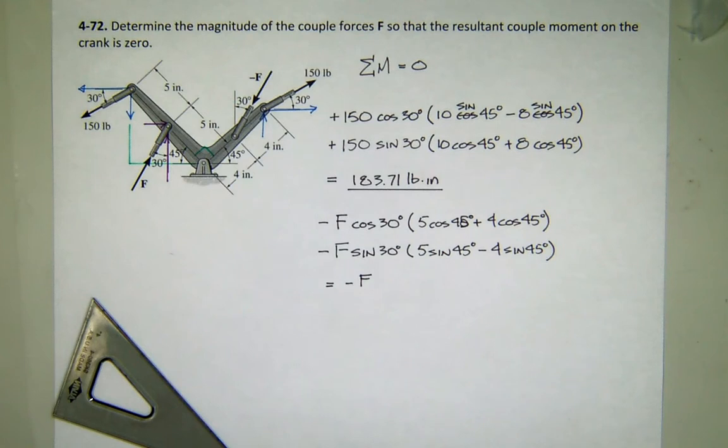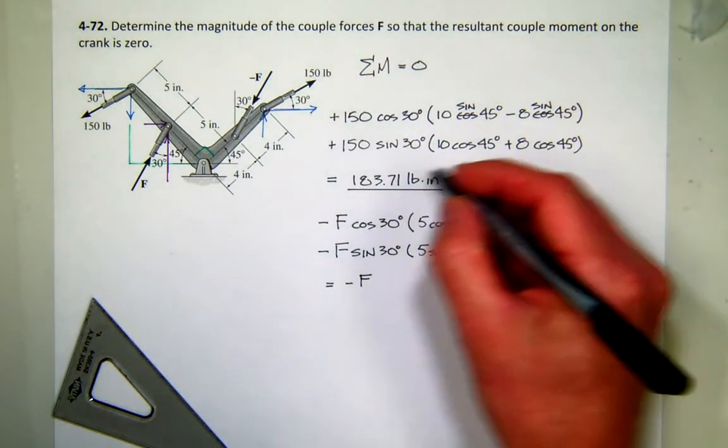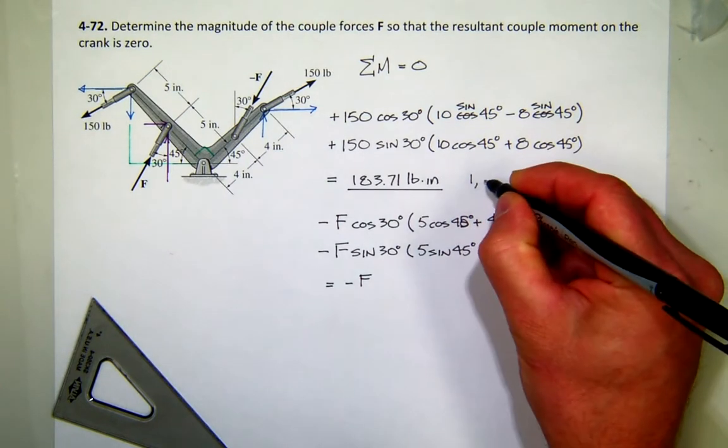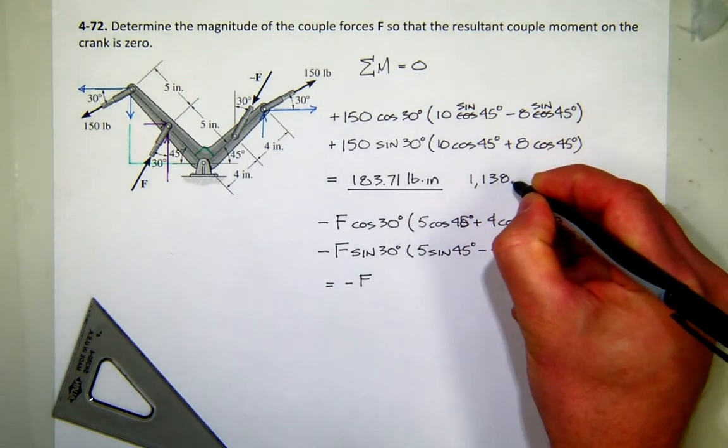Oh, that was just for the first part. Say that again? 1,138. Oh, you got the number.